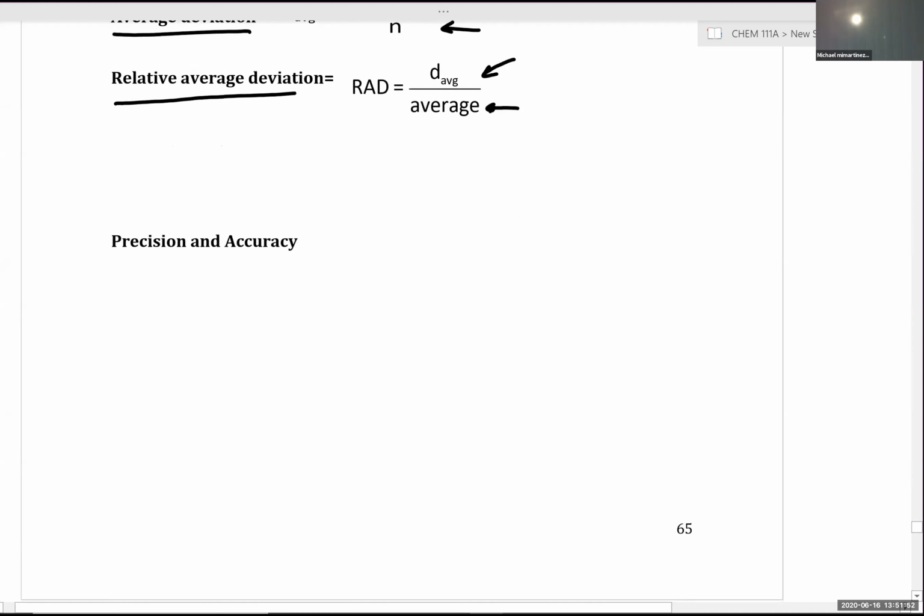So to help everyone visualize the idea of precision and accuracy, precision and accuracy are two separate ways of describing a data set. A data set can be, for example, precise and accurate.